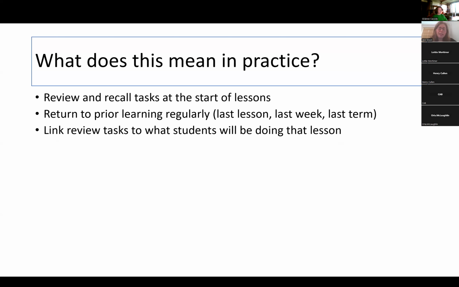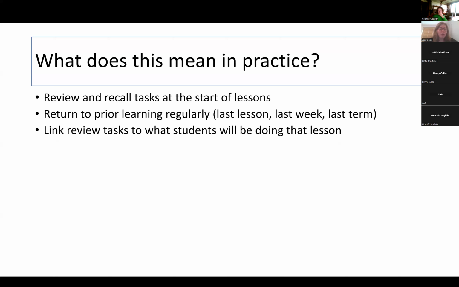As I said, link these tasks to what students will be doing in the lesson, so they can rehearse the knowledge or skills that they're going to be using. For example, if I was introducing pluperfect tense verbs, I would revise perfect tense stems and the imperfect tense of the verb to be. So they remember what they are and they're familiar with it, and you can link that more easily to that prior learning when you introduce the new tense.